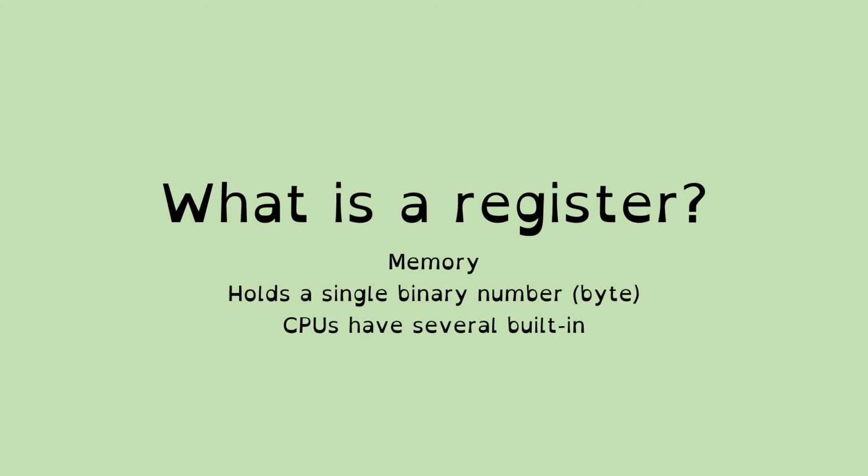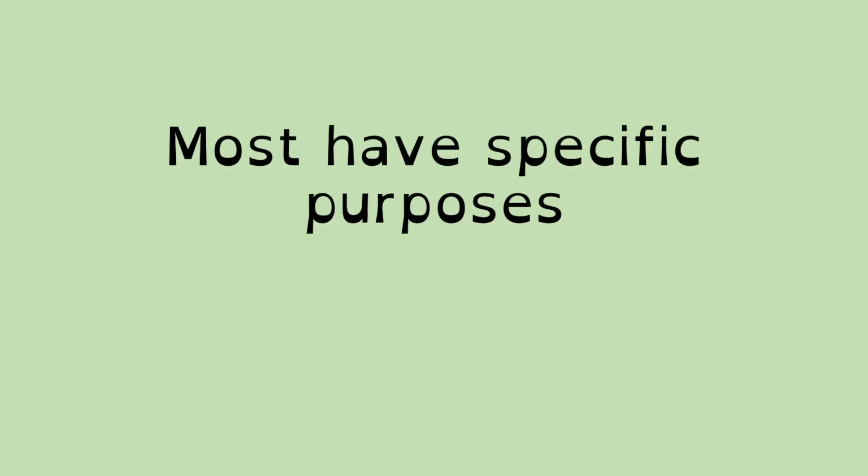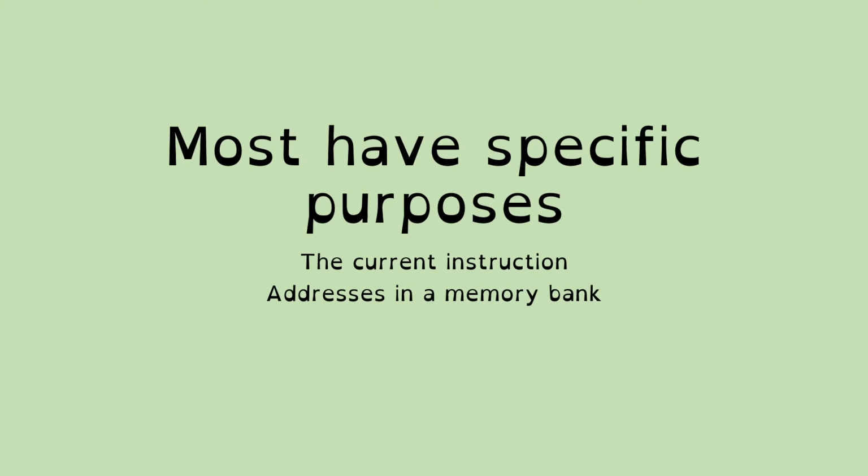So CPUs have several of these things built in, usually. Most of them have specific purposes. So the current instruction that's being carried out on the CPU, that'll be held in a specific register. Addresses to find data in a memory bank, there are specific registers for that. And data, there are registers that are there just to hold data for manipulation.